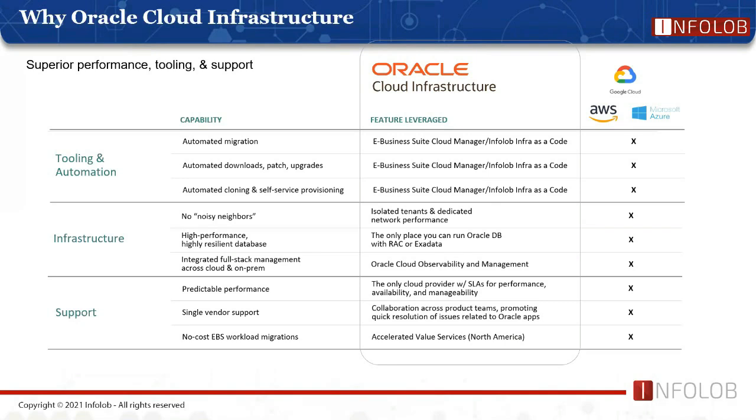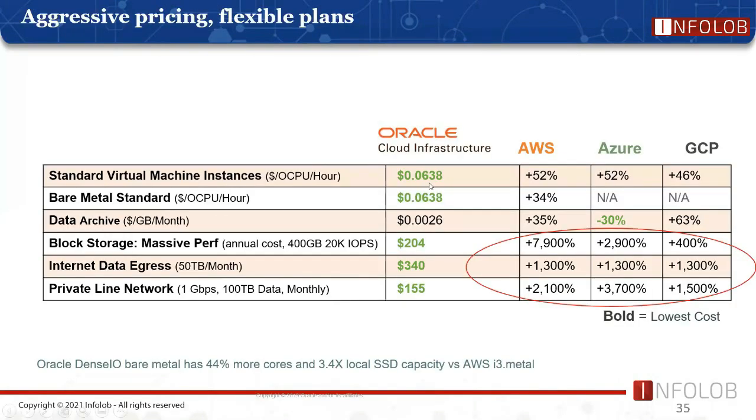That's because the underlying Gen 2 infrastructure is completely designed for enterprises, and the provisioned IOPS concept doesn't exist in Oracle, but they provide you block storage which is full of PIOPS. Everything is in flash drives running behind the scenes. So this is why Oracle Cloud Infrastructure, especially for these workloads.